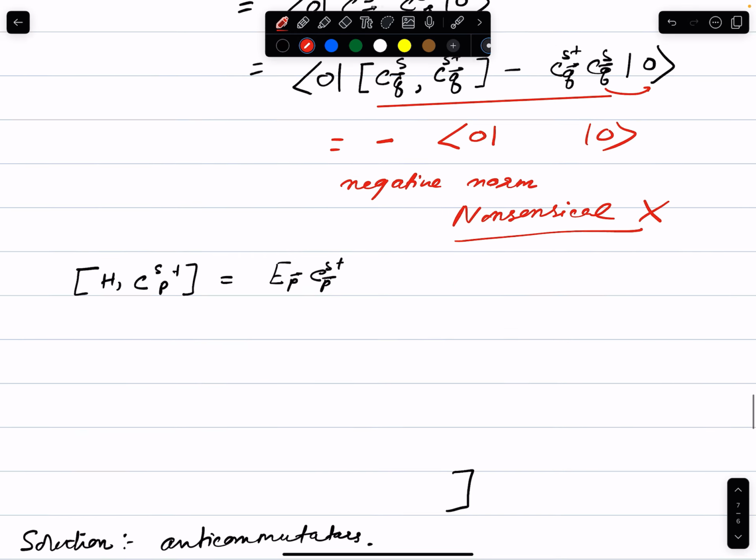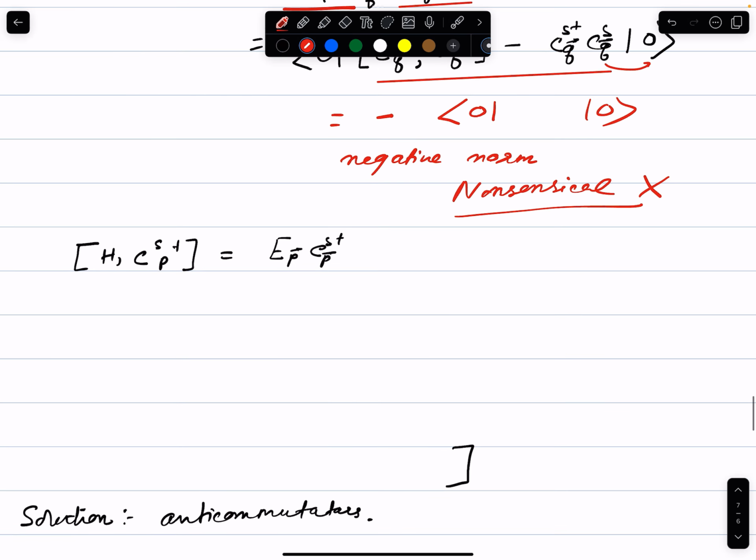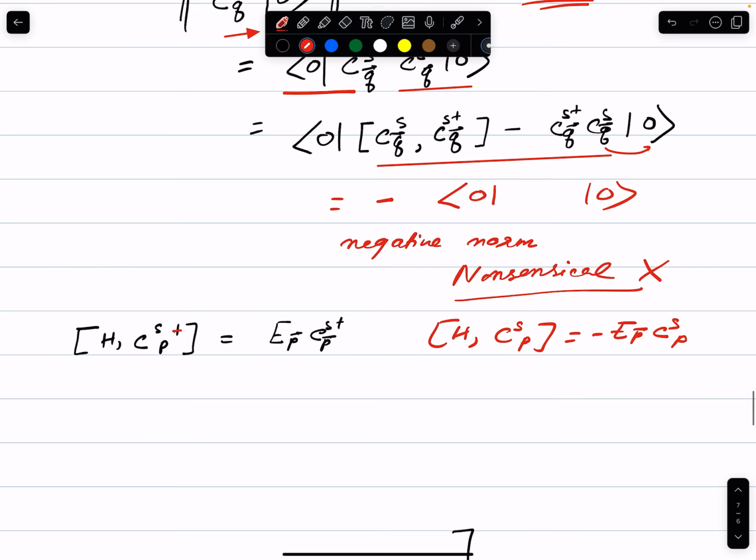But that also has problems, because when you take the Hamiltonian of this with the dagger, this has positive energy and the other guy, this has negative energy. Which means that if these are your particle states, then these states will have negative energy.